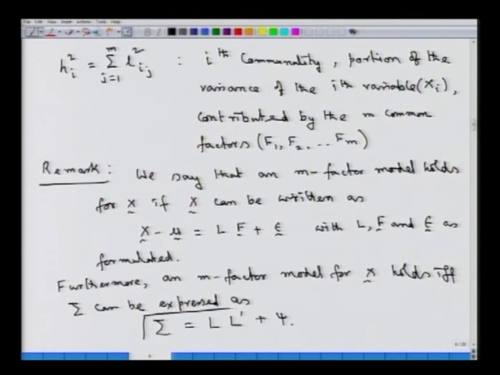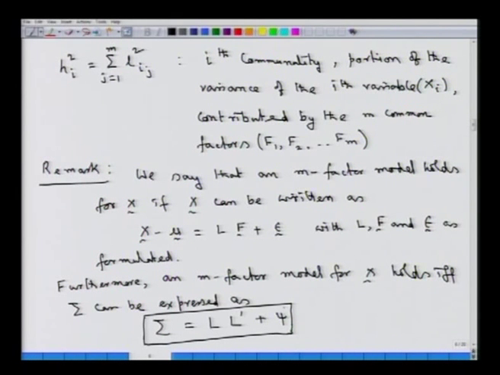So this is what it boils down to: for a random vector x with a covariance structure sigma, we will say that the m factor model holds if and only if sigma, the variance covariance matrix, can be expressed as sigma equal to LL dash plus psi, wherein L, F and epsilon are as formulated.